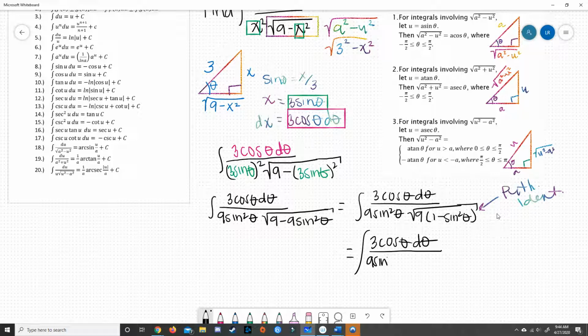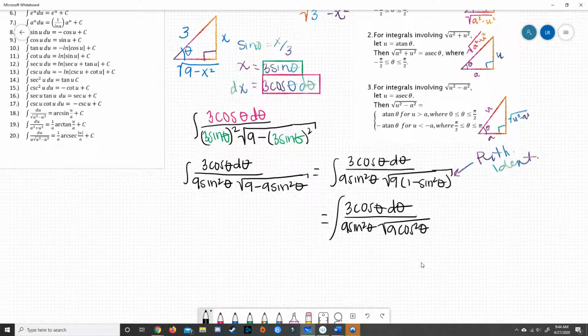9 sine squared of theta. It's the square root of 9 cosine squared of theta, which we can actually take the square root of. So this is going to be 3 cosine of theta d theta over 9 sine squared of theta times, well, the square root of 9 is 3, the square root of cosine squared is cosine of theta.